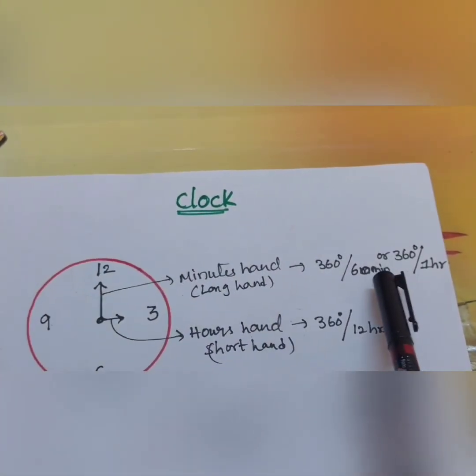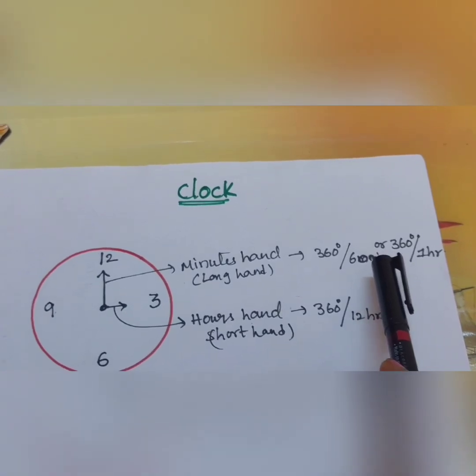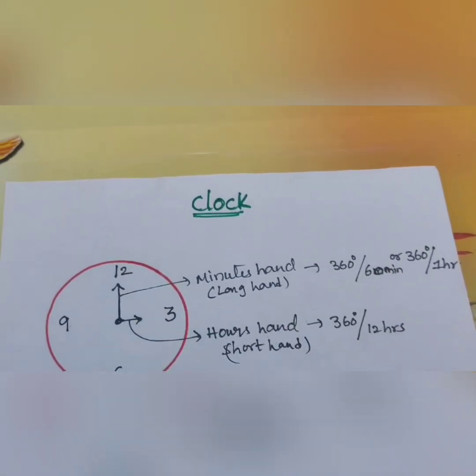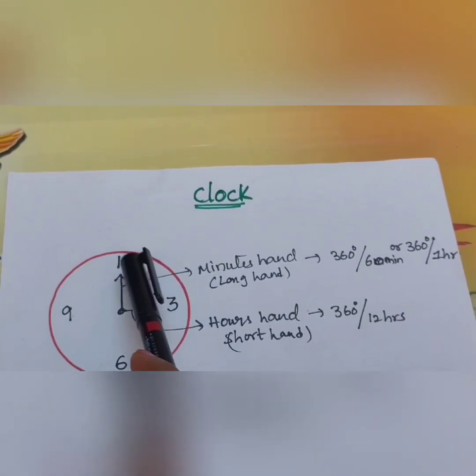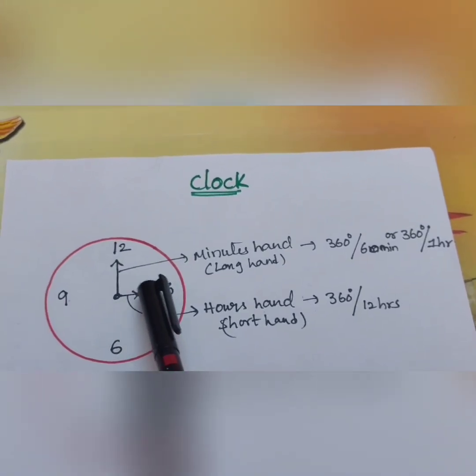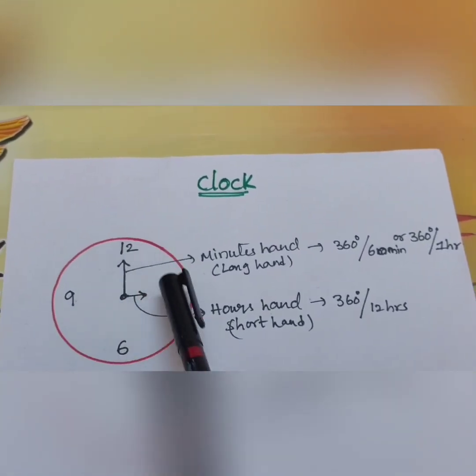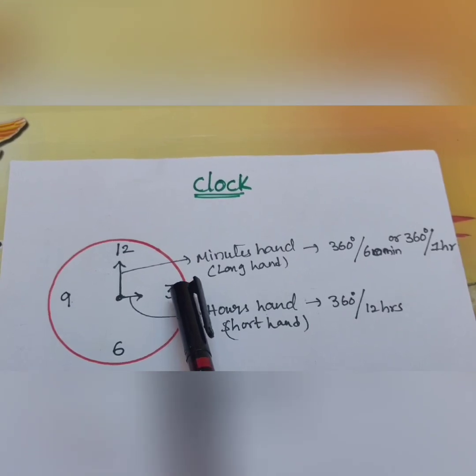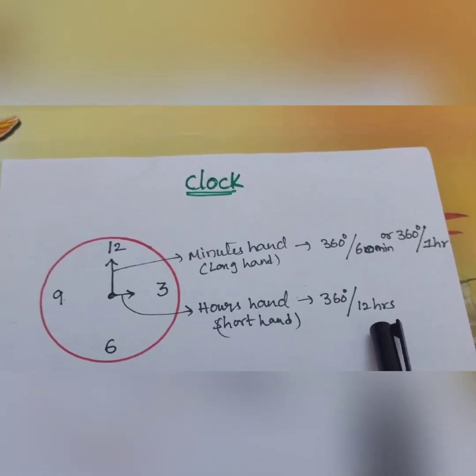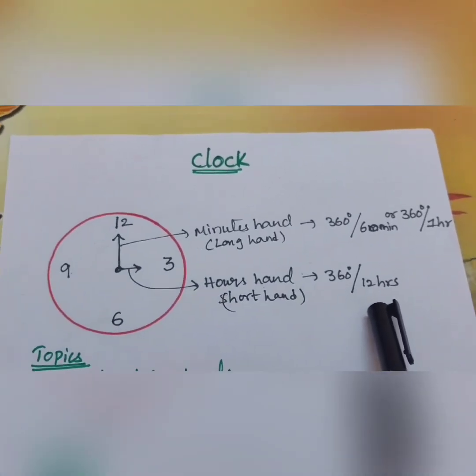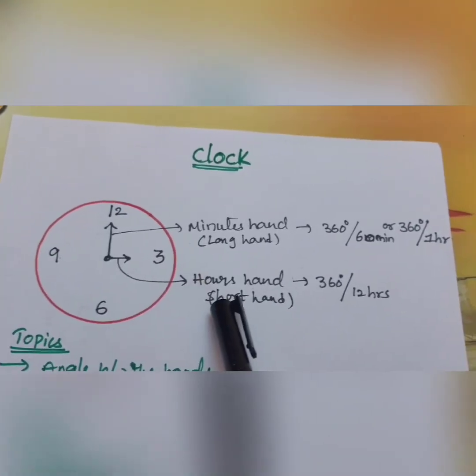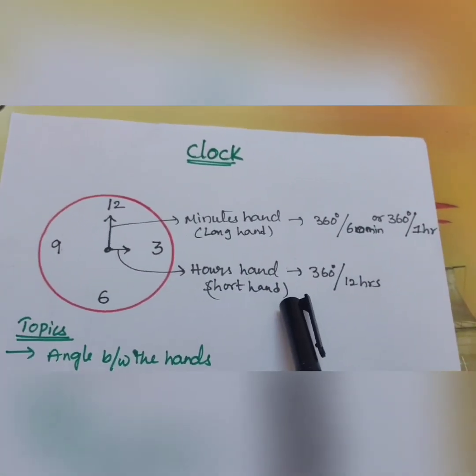Whereas the hours hand, in order to do a complete circulation, will take 12 hours. So this is about the angles made by the hours and minutes hands.